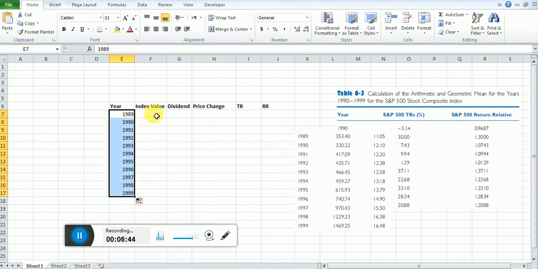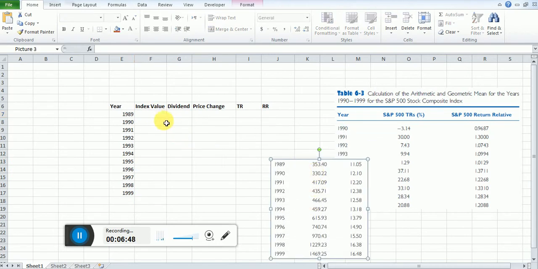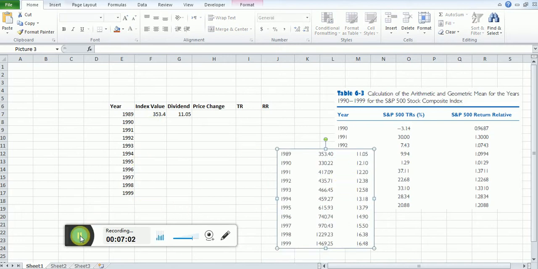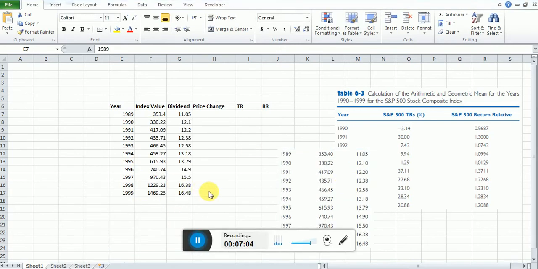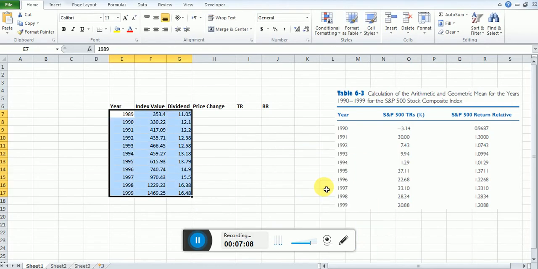Then we have the index value, which starts from 3.40, and a dividend of 11.05. Dear students, you have to copy all the data here. Once the data is copied, I don't need the picture anymore, so just delete it.